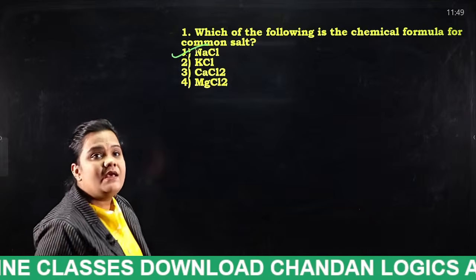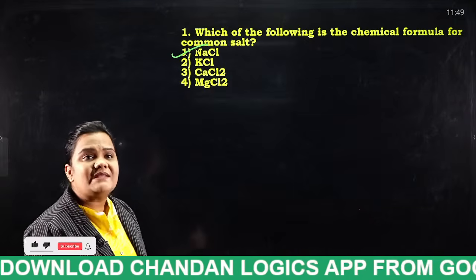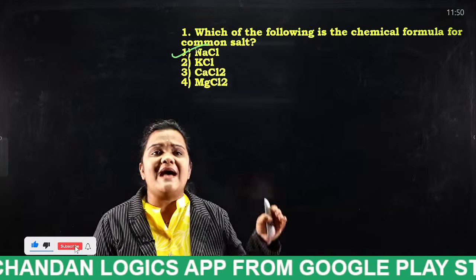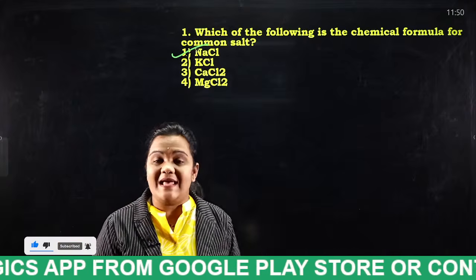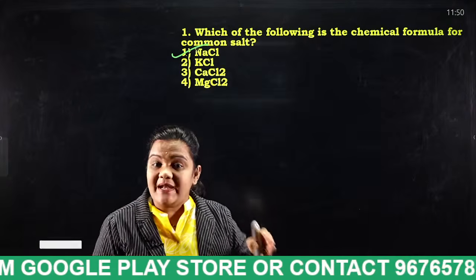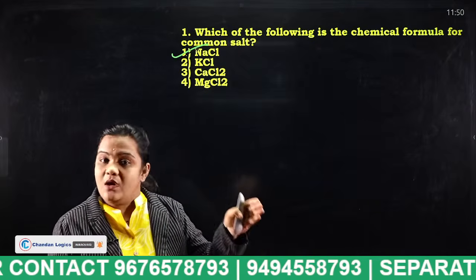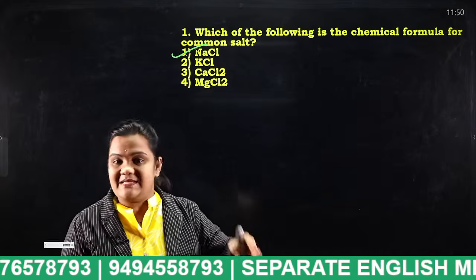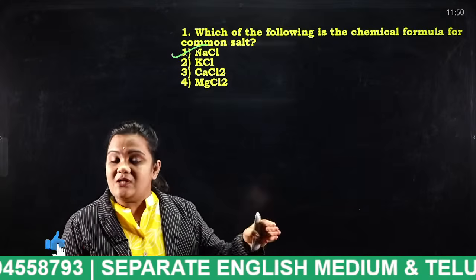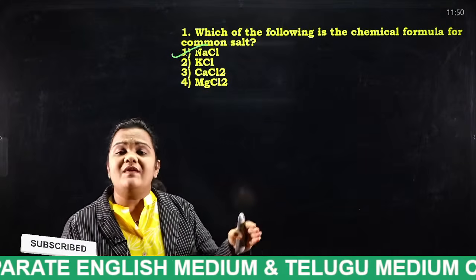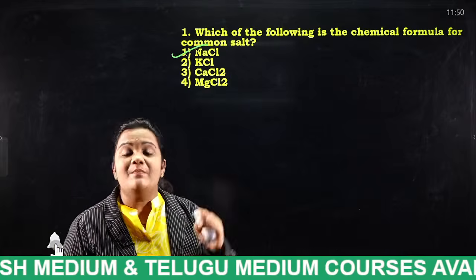Hi, one and all. Nobody answered my question. What is the aqueous solution of NaCl? Aqueous solution of NaCl is known as brine solution. We do electrolysis of NaCl, right? In the electrolysis of NaCl, we call this NaCl solution brine solution.